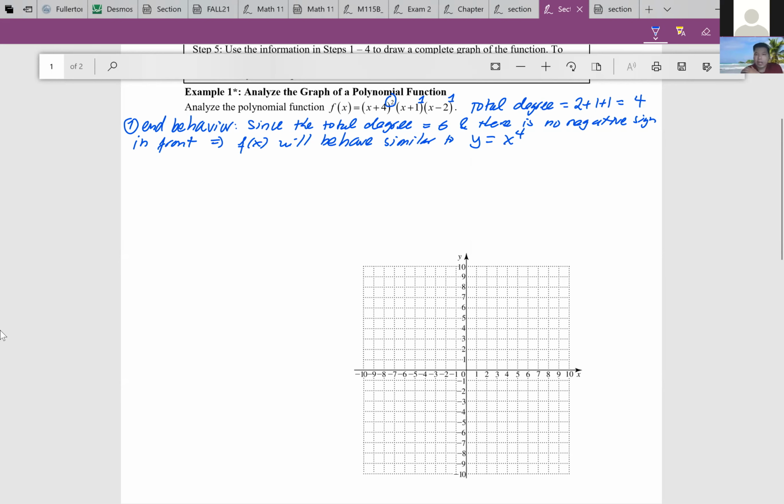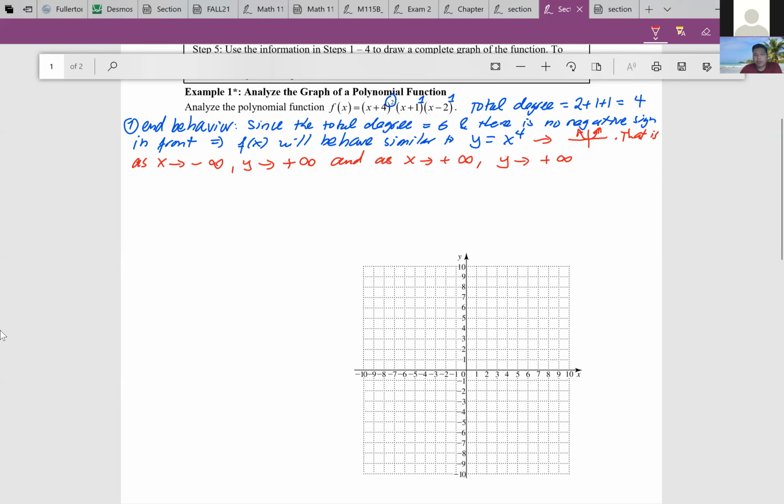Meaning that we are expecting the curve to look something like this, and something like that in the end. That is, as x goes to negative infinity, y goes to positive infinity. And as x goes to positive infinity, y also goes to positive infinity, okay? Because of x to the 4, right?